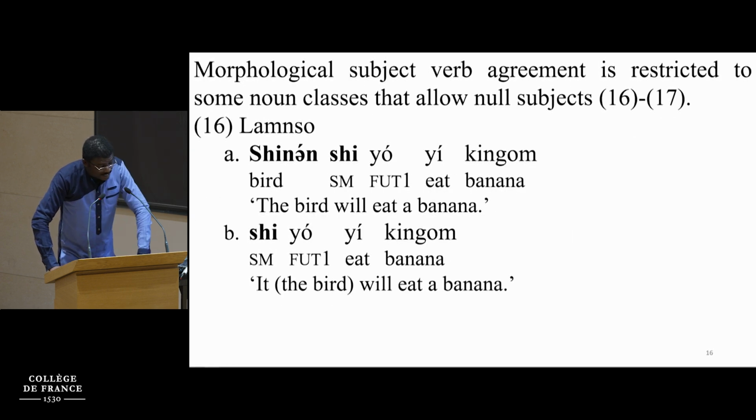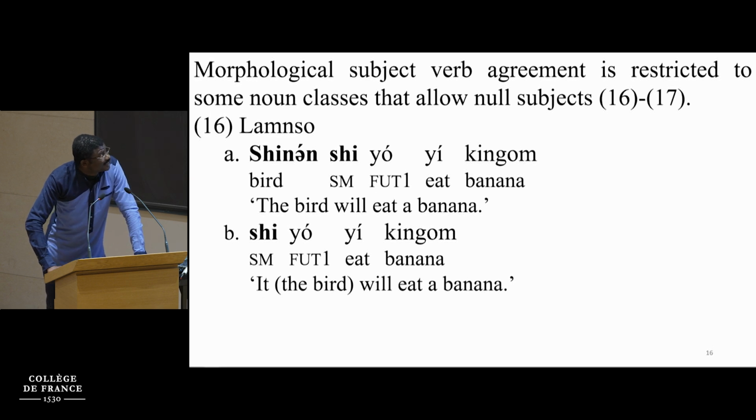Okay, some other characteristics of these two languages is that there are a few cases of subject agreement morphology. As you can see there, if you have the birds will eat a banana with the subject marker she, it is possible to have a null subject construction like in B, so you can drop the subject.